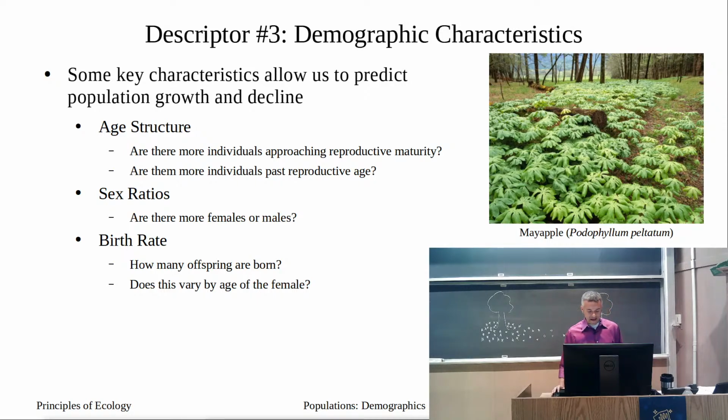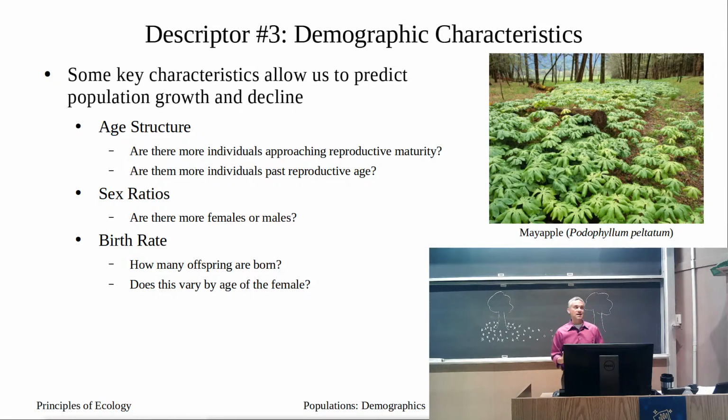And lastly, birth rates. With birth rates, we're talking about how many offspring are born during a reproductive event. So do we have 20 offspring every time we reproduce? Do we have 100? Do we only have 1? But that's only part of the story because we also have to consider the age of our mother.